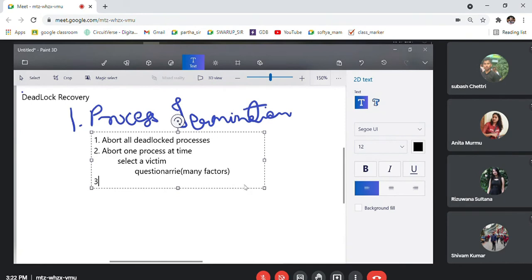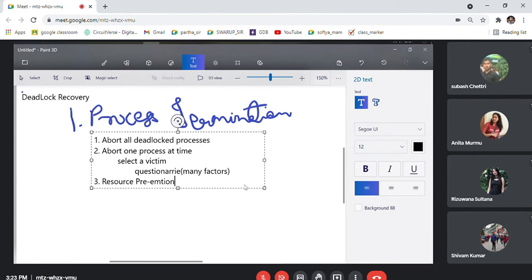The second thing that you can do is resource preemption. To eliminate deadlock using resource preemption, we successively preempt some resources from processes and give these resources to other processes until the deadlock cycle is broken.